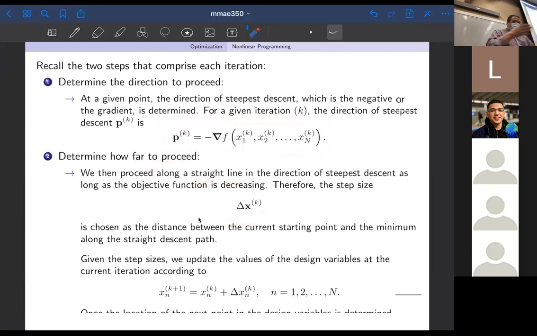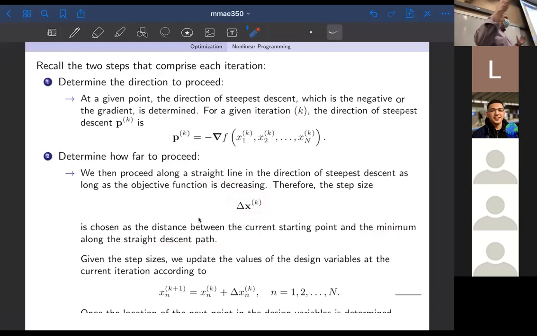So I'm going to determine the direction p, and then I'm going to go in a straight line until a logical time at which to no longer go in that direction. And that is exactly what you think. We're going to take the step size such that I find the minimum along my straight descent path.